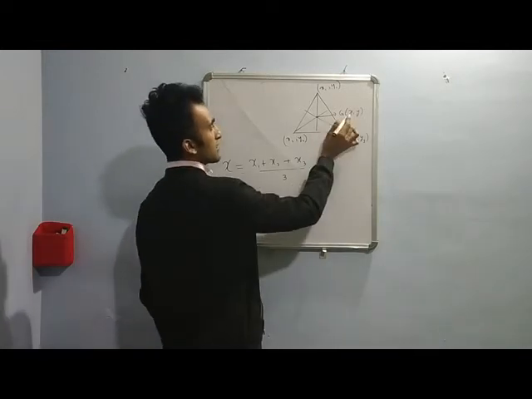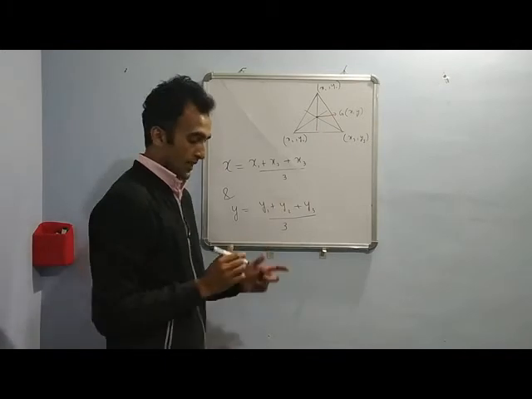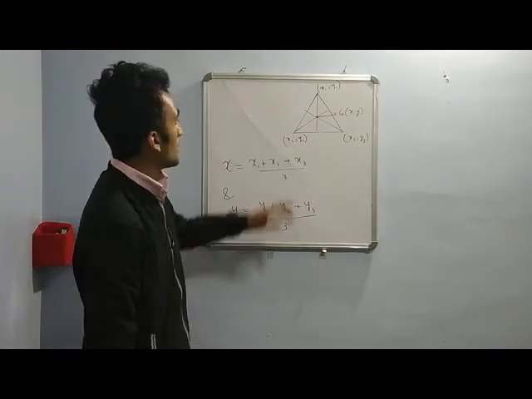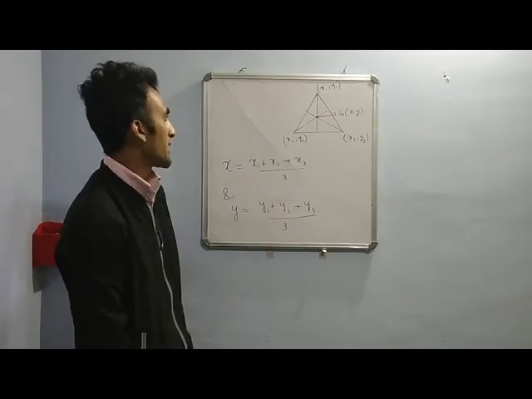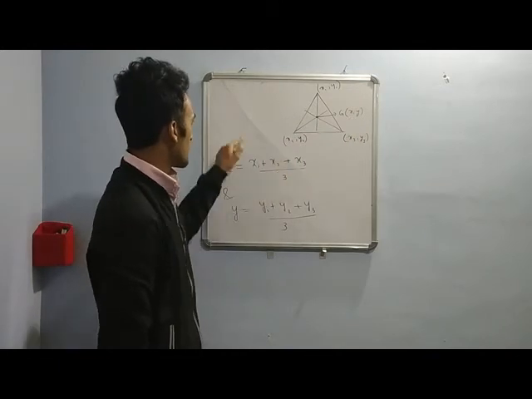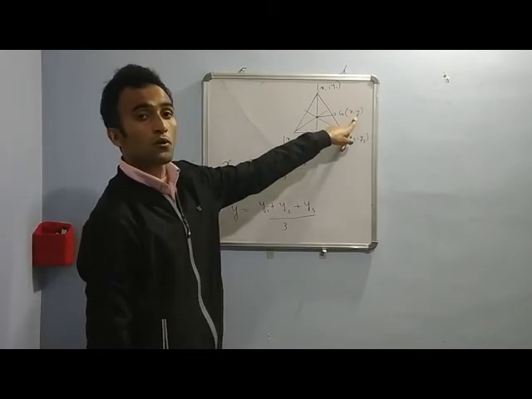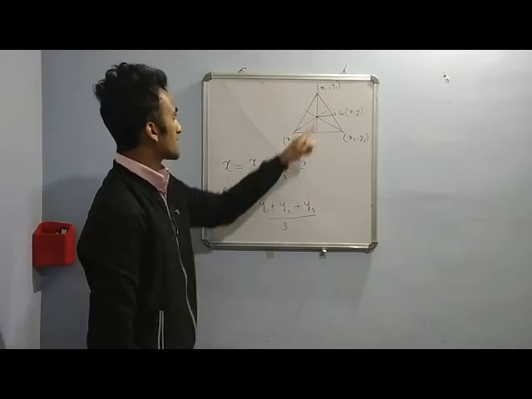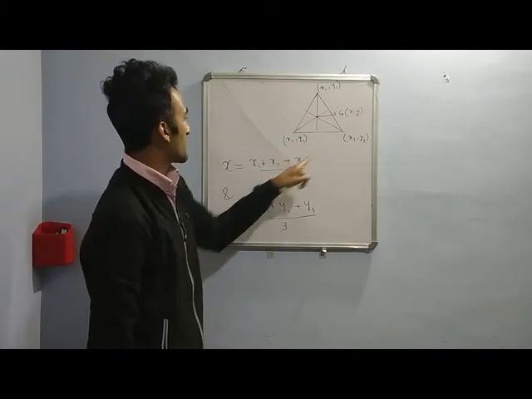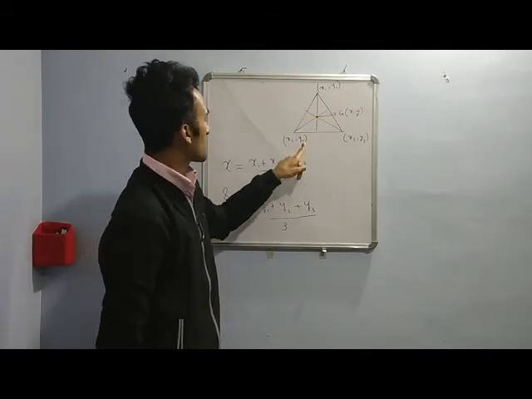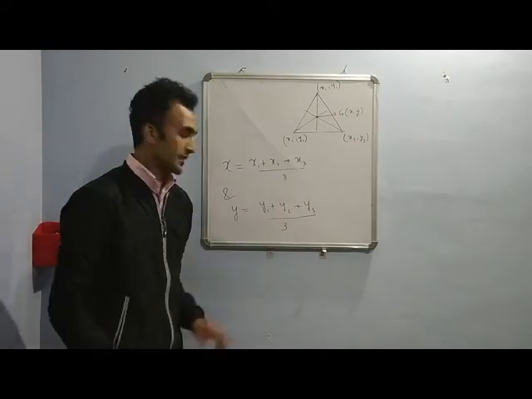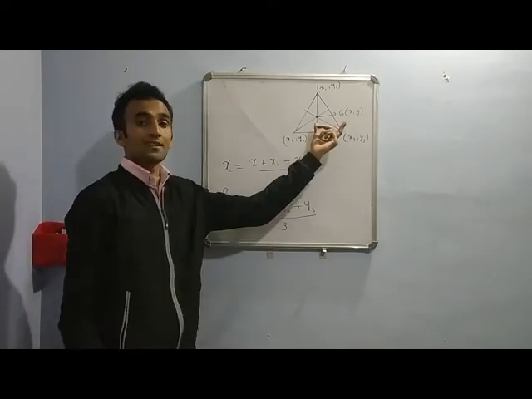We are working in the coordinate xy plane, so remember, we have the x axis and the y axis. If you add up all the x coordinates and divide by 3, and add up all the y coordinates and divide by 3, you will get the y coordinate for the centroid.